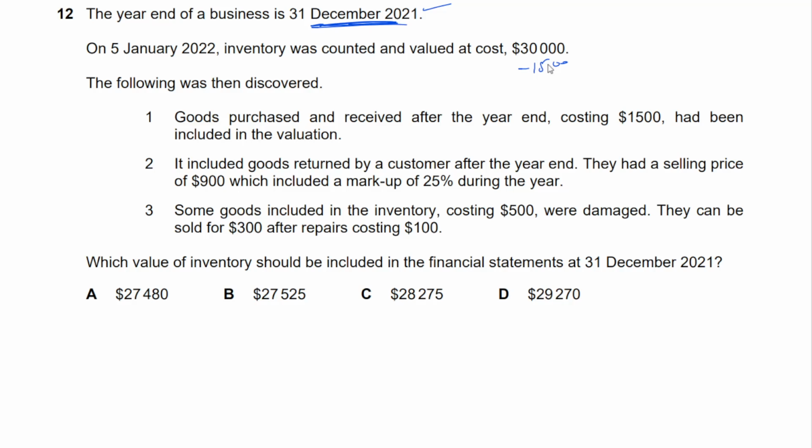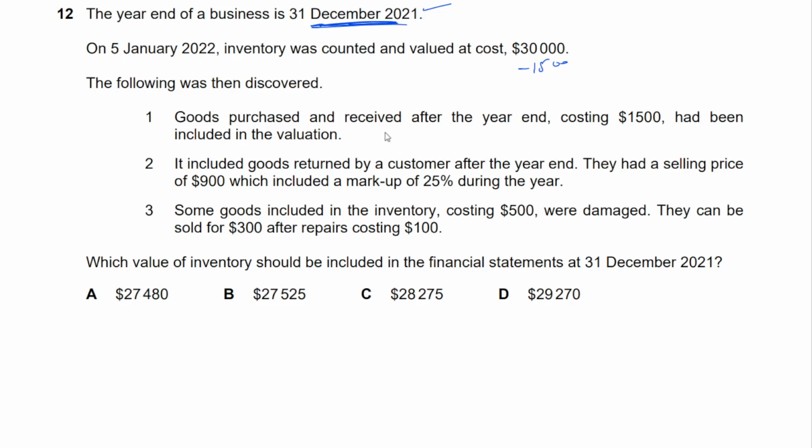We didn't have these goods at the reporting date. We need to get rid of that, right? The customer returned the goods after 31st December, and so goods came back into our premises. Well, we included that as well. It wasn't true. On 31st December, we didn't have it. We have it now on 5th January.